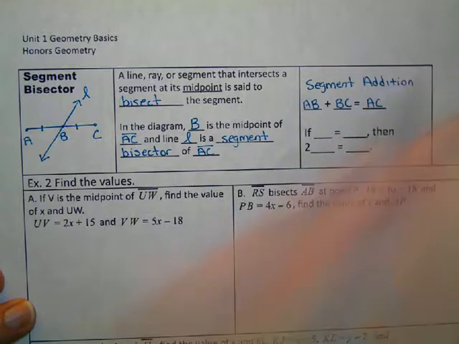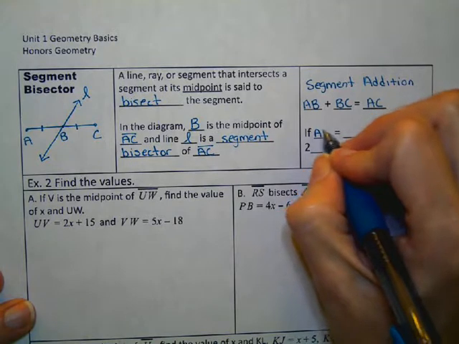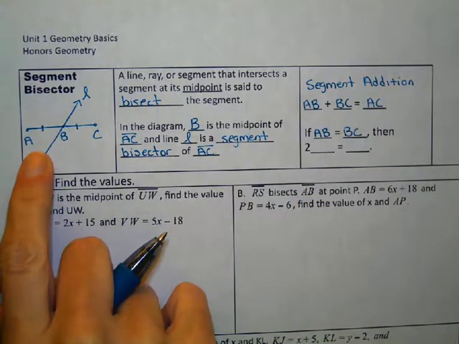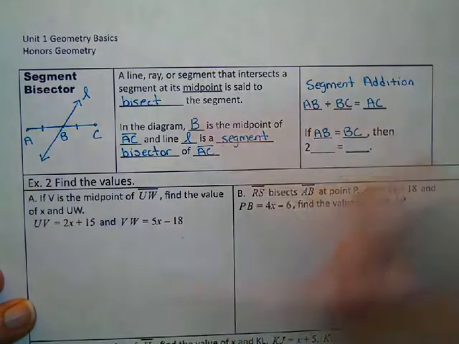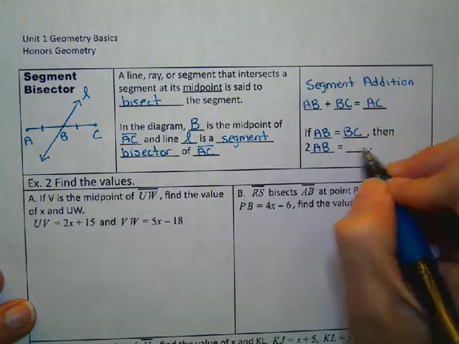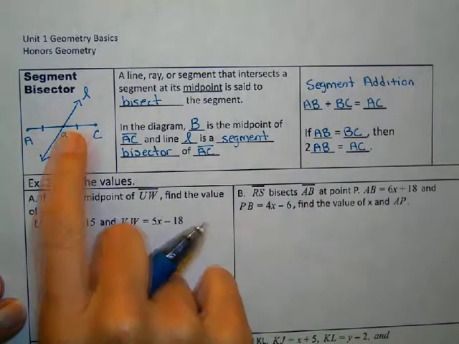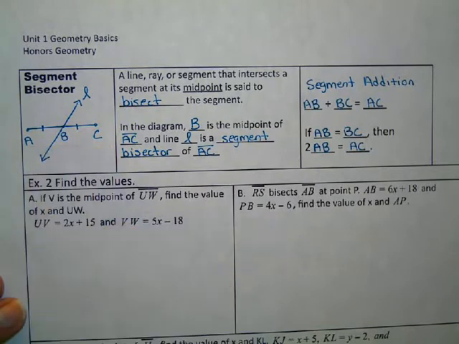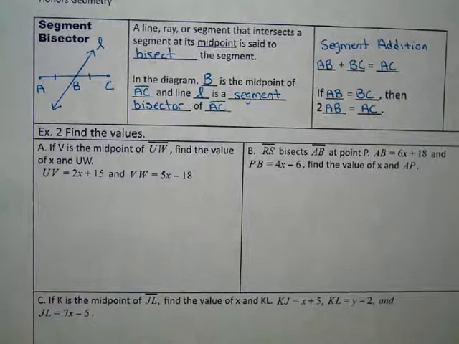Alright, so let's say if AB is equal to BC, because we know that if it bisects, or if that's the midpoint, those two segments have to be equal, then we can say 2 ABs are equal to AC. Or you could do the other way, 2 BCs. If these are the same, 2 of these equal the whole length. So just kind of might help with some of our other things.